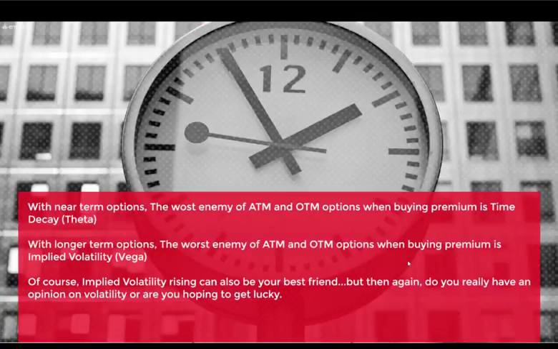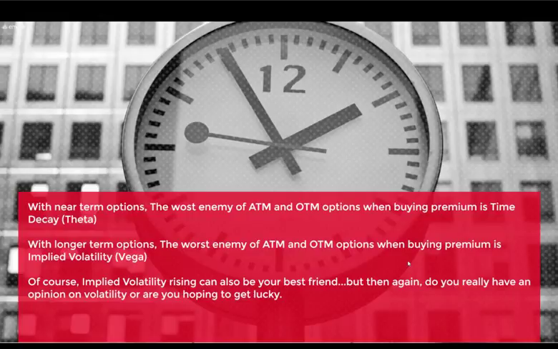With near-term options, the worst enemy of at-the-money or out-of-the-money options when buying premium is time decay. It's theta, that's the reference option traders use for it. It's theta, the Greek. With longer-term options, the worst enemy of at-the-money or out-of-the-money options when buying premium is implied volatility, and that's vega.